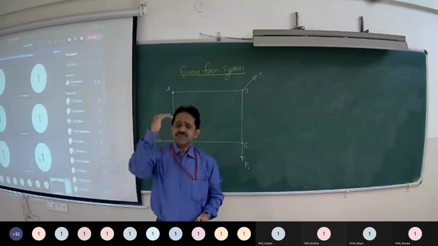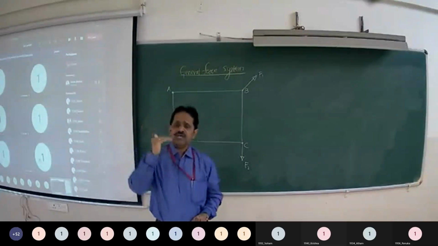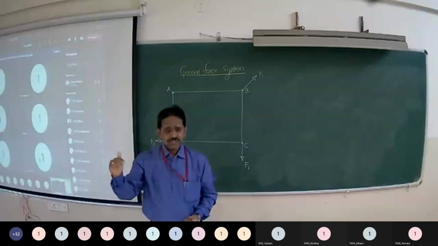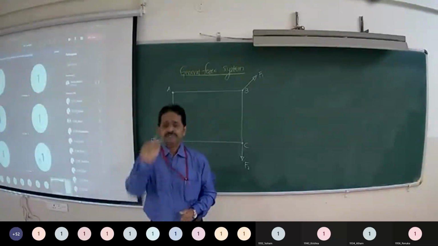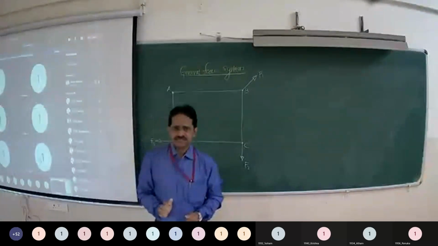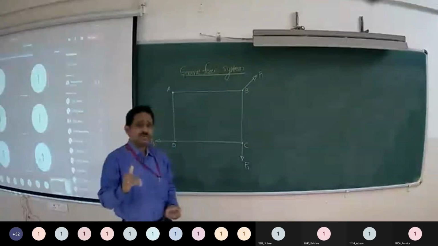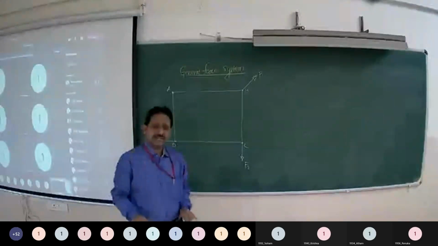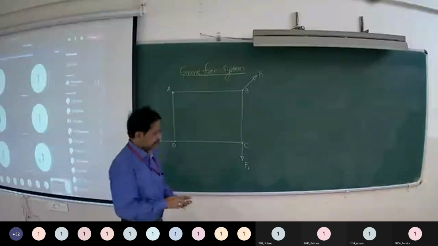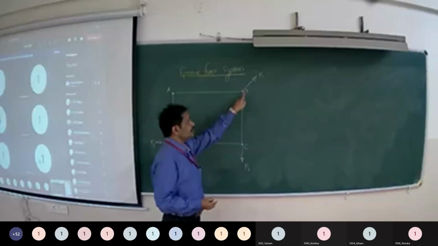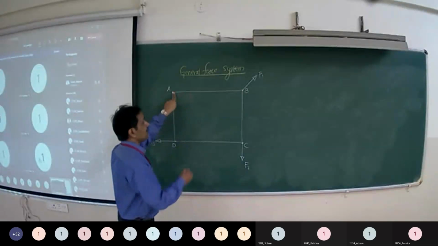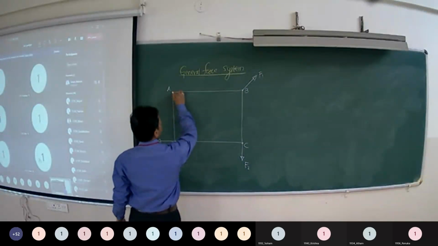What is principle of parallel transfer of forces? When a force is transferred parallelly from one point to another point, that force is accompanied by a moment whose magnitude is force into perpendicular distance, right? By doing so, we are not changing the effect of the force on the body, right? Now, I will transfer this force F1 from B to A parallelly.